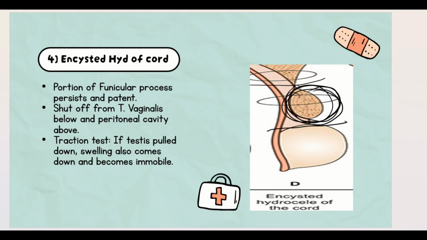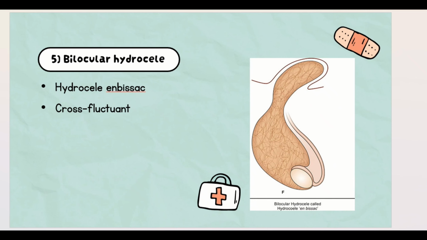So this is the cystic cavity. Now, how to identify encysted hydrocele of cord? We can do traction test. So what is traction test? If testis is pulled down, this swelling will also come down and become immobile. So traction test is positive in case of encysted hydrocele of cord.